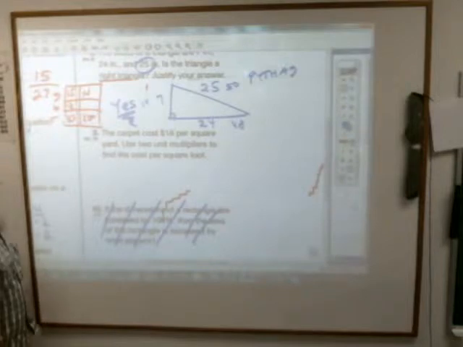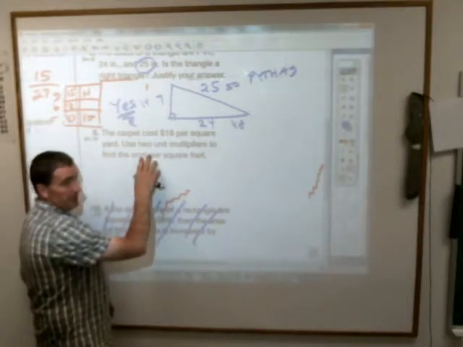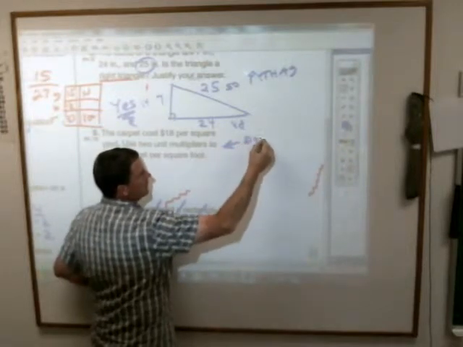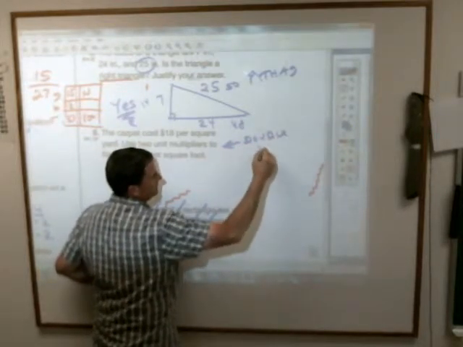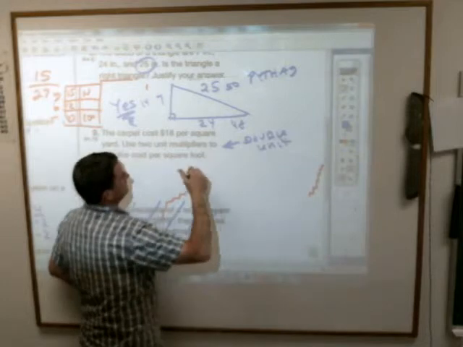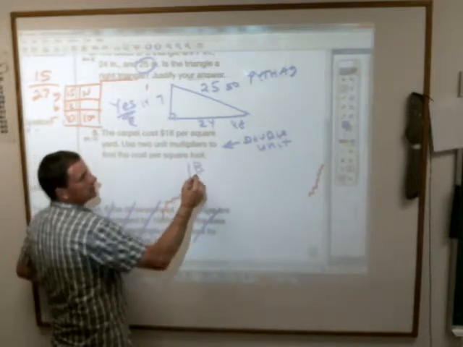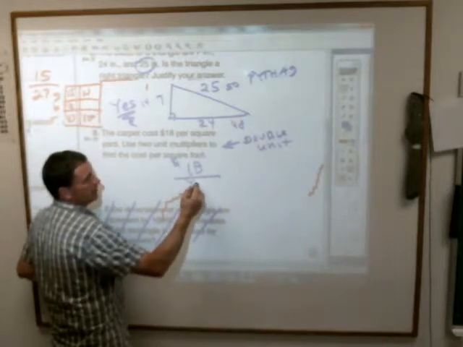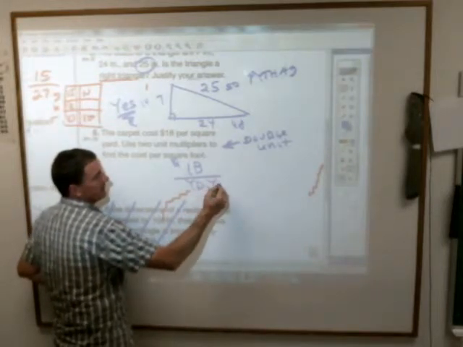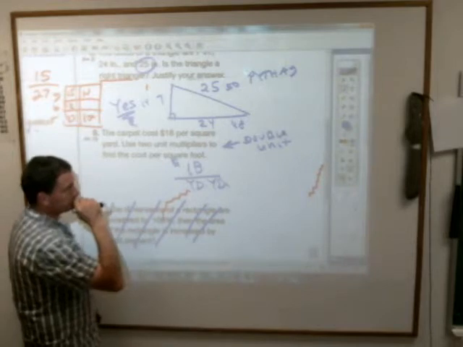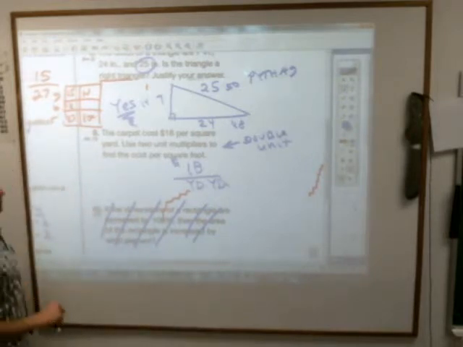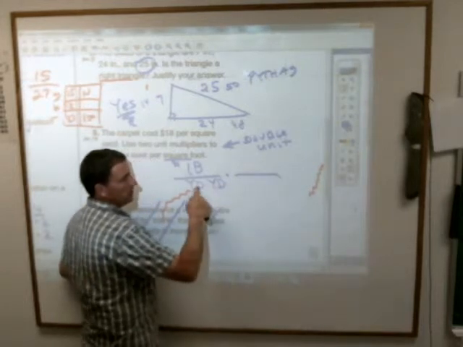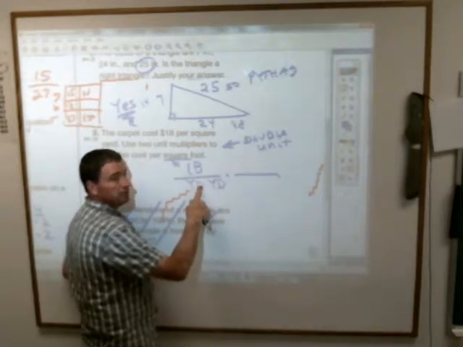Number 9 again is just a matter of, and this is what I would write in my notes, square units means you use a double unit multiplier. $18 per square yard, which means it is yard times yard on the bottom. I want to find the cost per square foot. That just means I have to cross off each of these yards with a foot.